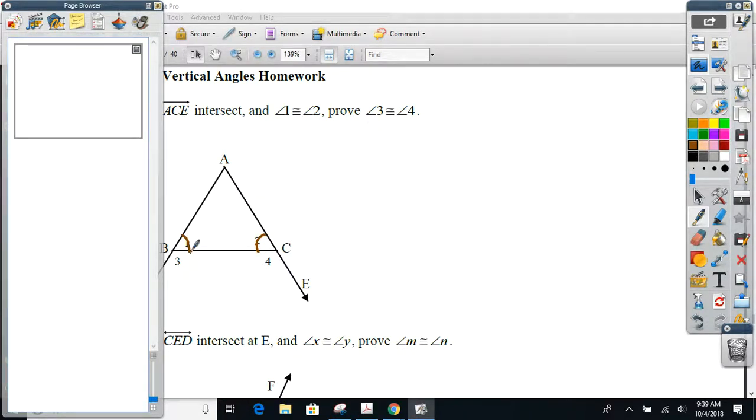Because 3 and 4 are supplementary to these 2. And what do we know about angles 1 and 2? Congruent. What do you know about supplements of congruent angles? They're congruent. So you need to tell me 1 and 3 are supplementary, 2 and 4 are supplementary, and then you could say 3 is congruent to 4 because supplements of congruent angles are congruent. So 2 different ways. You can say subtraction or you can involve supplementary angles.